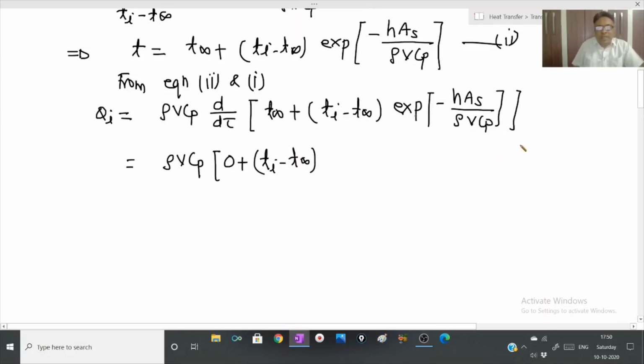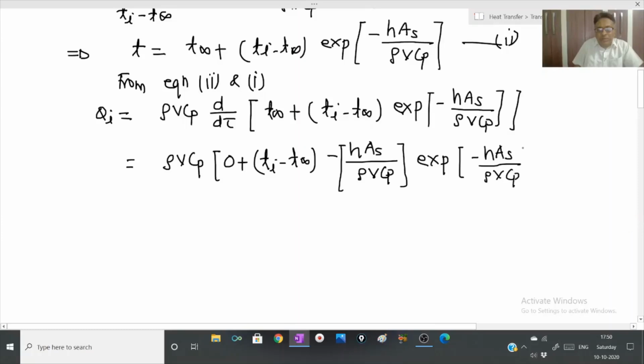Then differentiation of e to power minus hAs over rho VCp tau will become minus h into As over rho VCp, treating minus hAs over rho VCp as a constant initially, then differentiation of e to power some constant will be e. So it will be exponential of minus hAs over rho VCp tau.